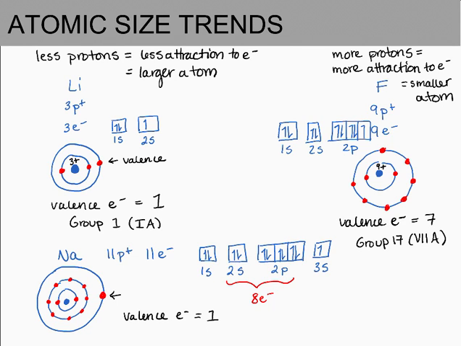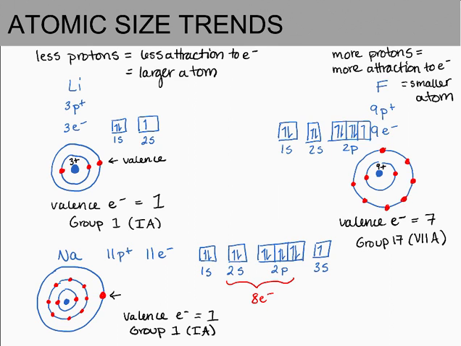But that makes sense, right? Sodium is in group 1, or 1A, similar to lithium. So they both have 1 valence electron. Now, their valence electrons are in different energy levels, but they should still have similar properties because they have the same number of valence electrons.